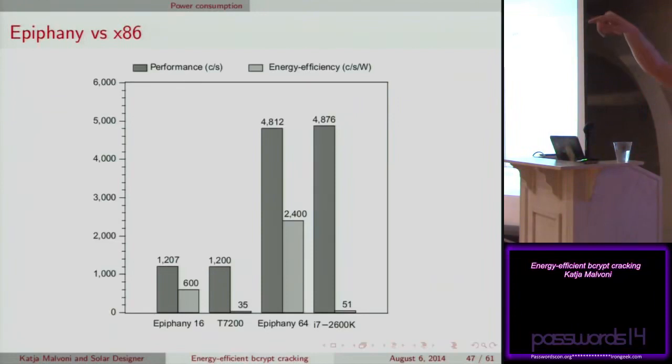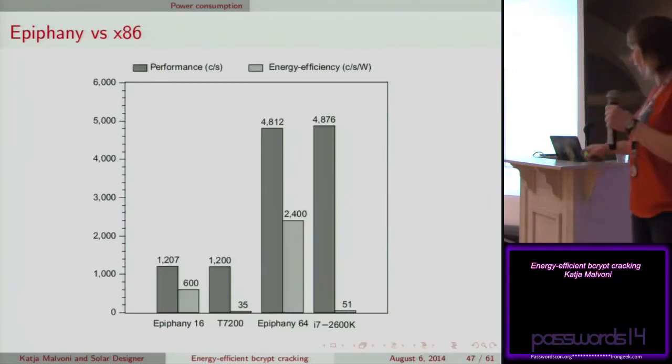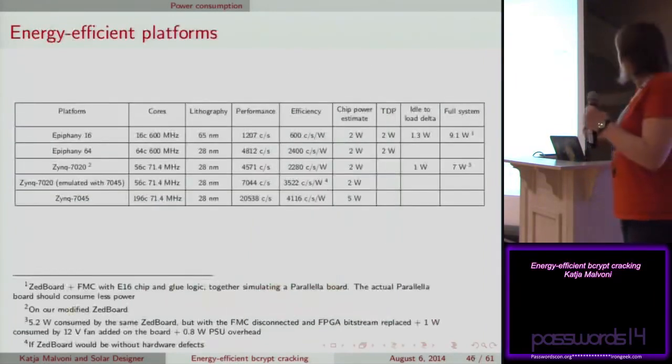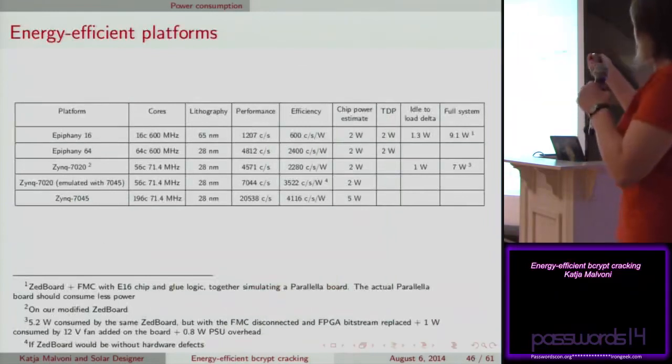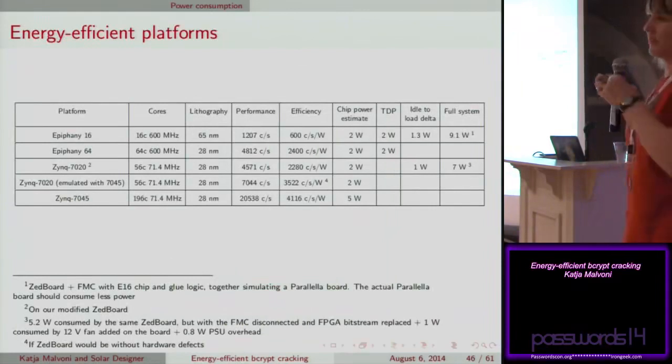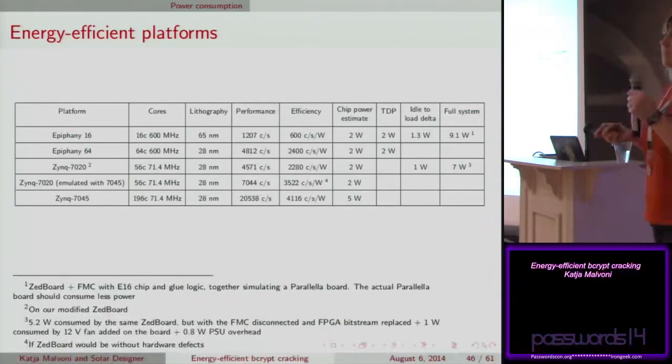Another question. Did you try to lower the frequency for the FPGA, because the energy consumption usually rises over-linearly? So maybe at a lower clock rate, it would. Okay, thank you for the question, it's a good one. You see this idle-to-load delta is around 1 watt. If we lowered the clock frequency, it would severely impact performance and communication overhead would be higher.